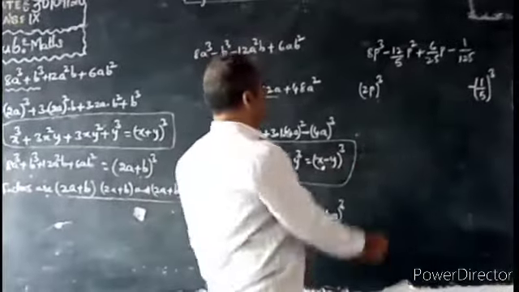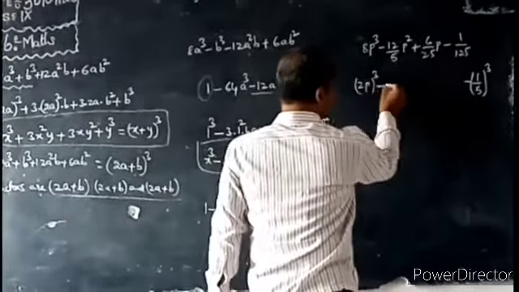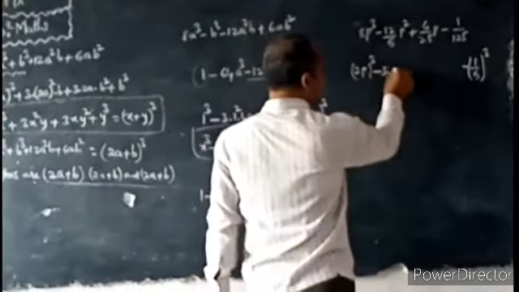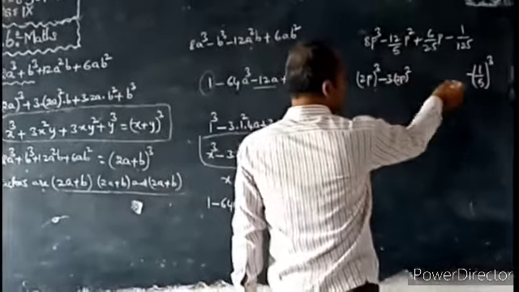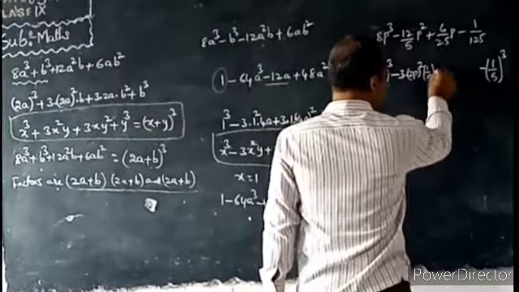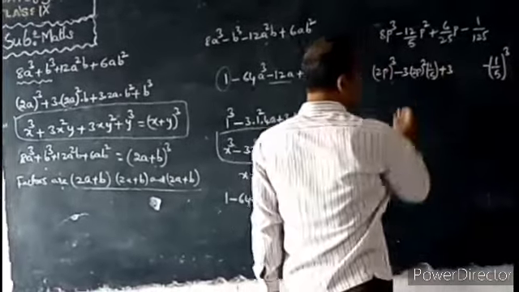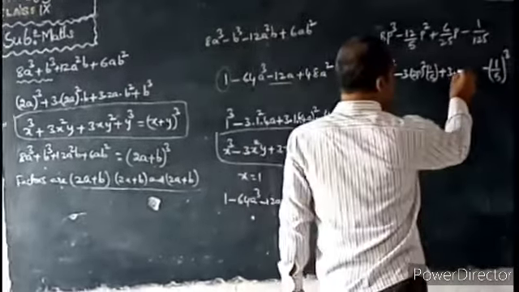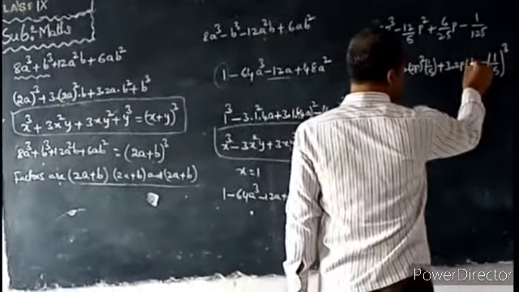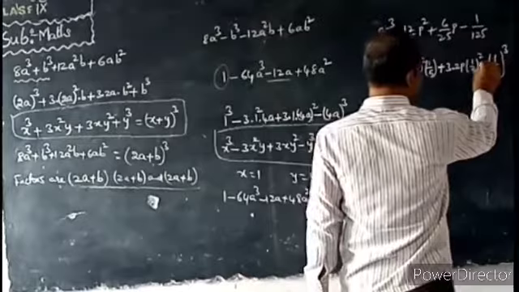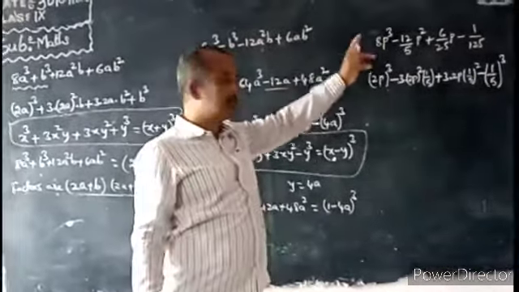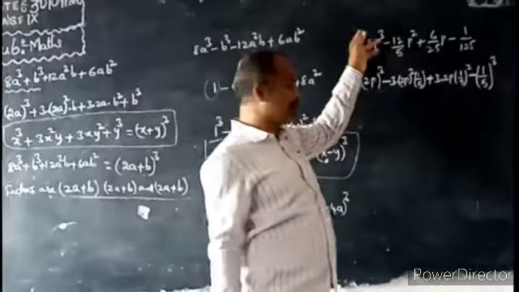Now write minus 3 into x square. x square means 2b whole square, into y, that is 1 by 5. Plus 3 into x, x means 2b, into y square, and y square means 1 by 5 whole square. Does it give the same as above or not? 2b whole cube is 8b cube.